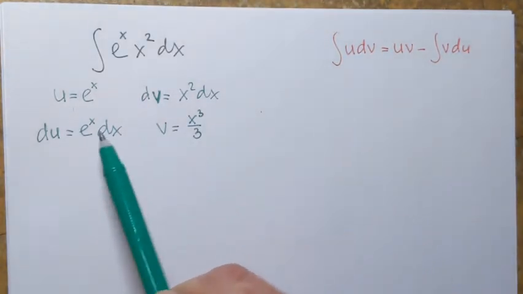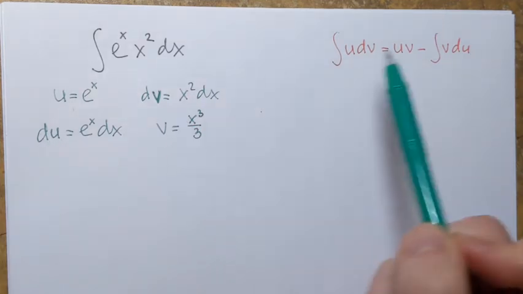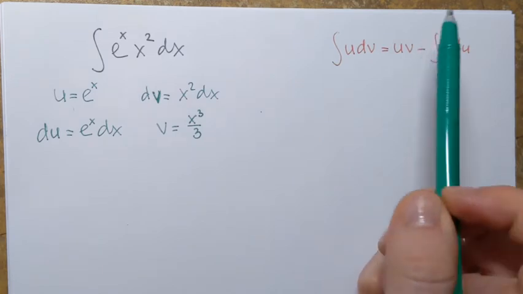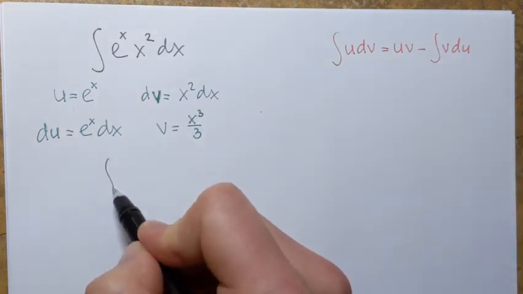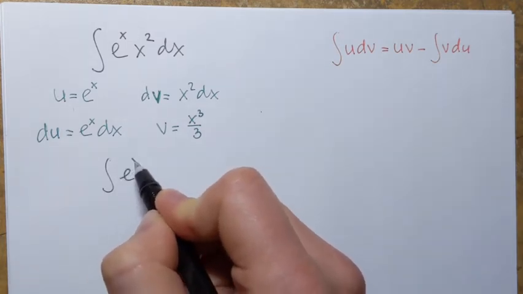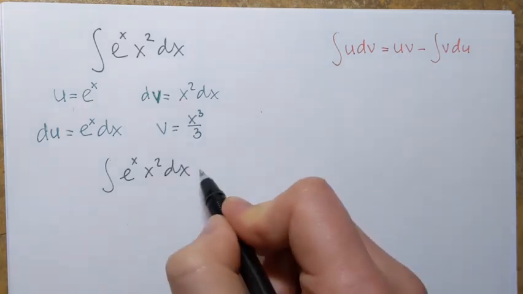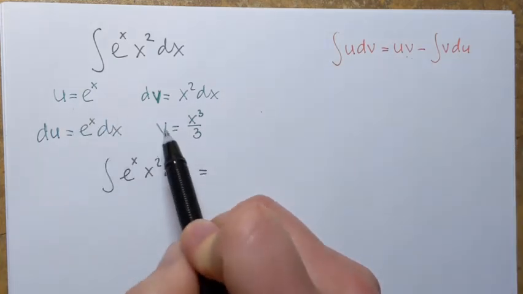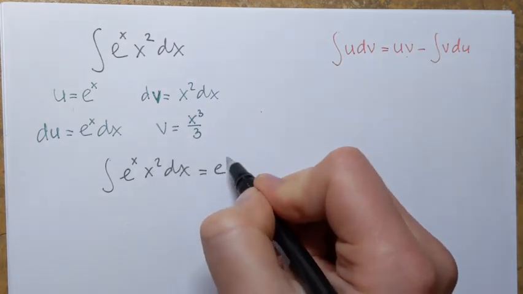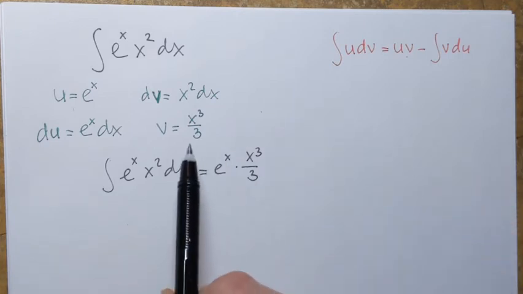Now, as soon as we obtain all parts, let's put this all together into the formula and see what happens. I think I'm going to rewrite my example. Integral of e to the power x times x squared dx equals u times v. I'm following the formula. So it's e to the power x times x cubed over 3, right?